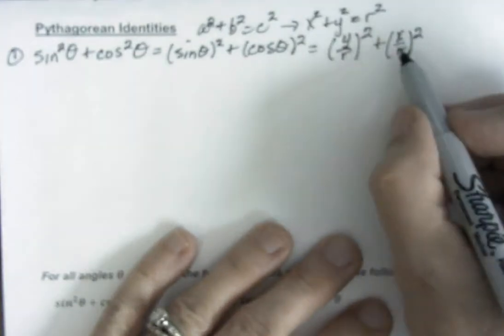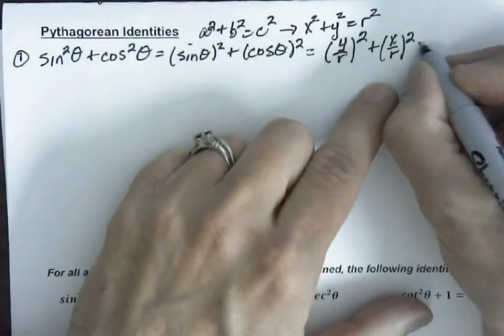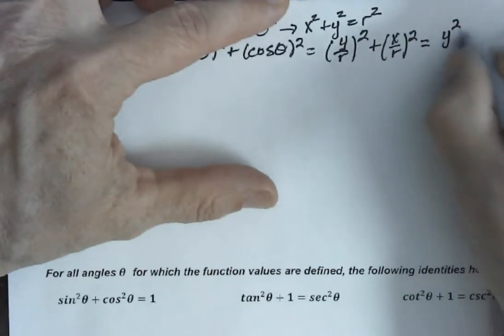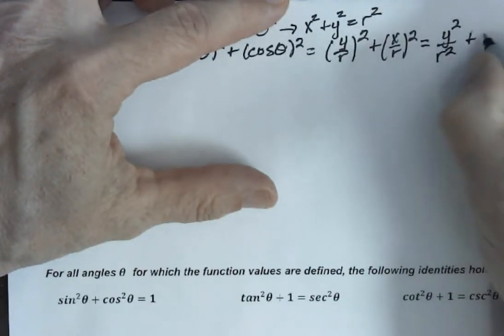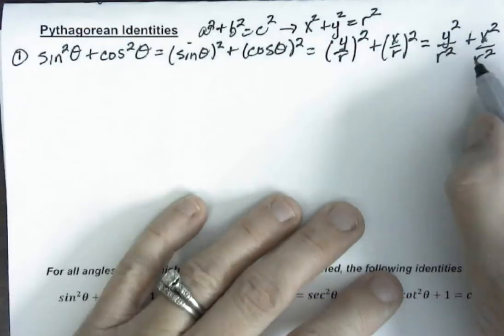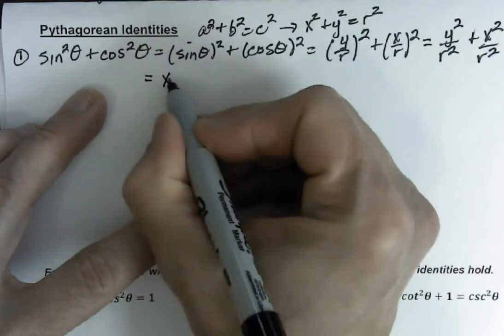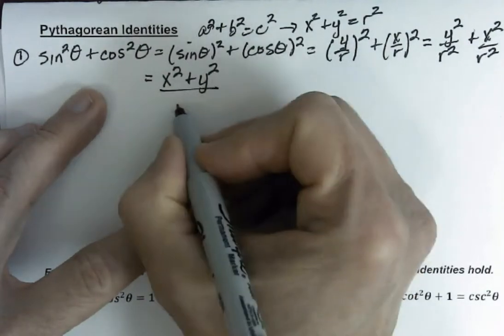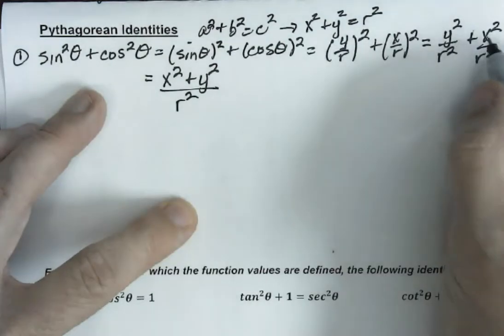And now we're going to work through this and simplify it as much as we can. So first of all, we would have y squared over r squared. Then we would have x squared over r squared. Now, since these two rational expressions have the same denominator, we can write this as one big rational expression. I'm also switching the positions of the x squared and the y squared.